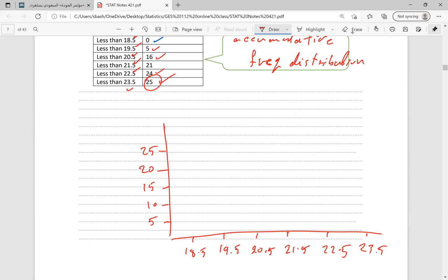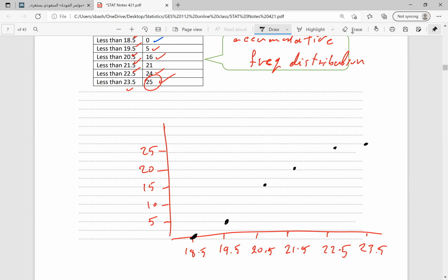First one, 0. Next one is 5. Next one is 16. Then we have the 21 point, which will be about this point. Then next one we have 24. And last one is 25.